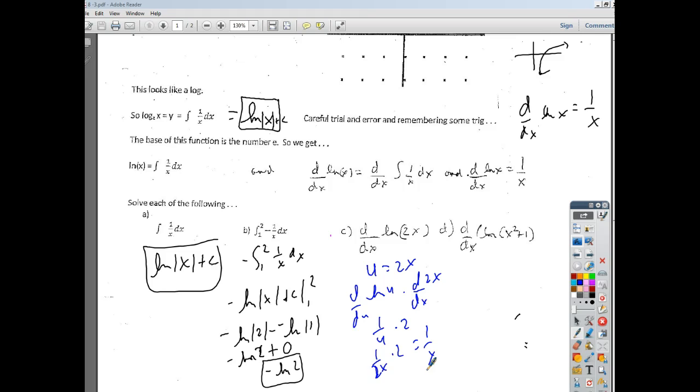Multiplication inside is addition outside. So this is the derivative with respect to x of ln of 2 plus the derivative with respect to x of ln of x. Agreed? That's just a number, right? Gone. The derivative of ln of x is 1 over x.